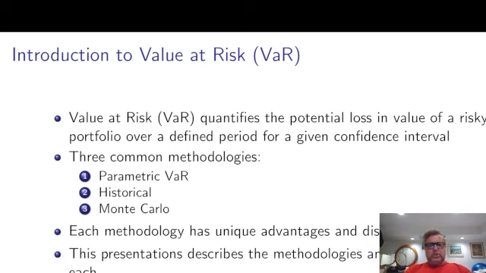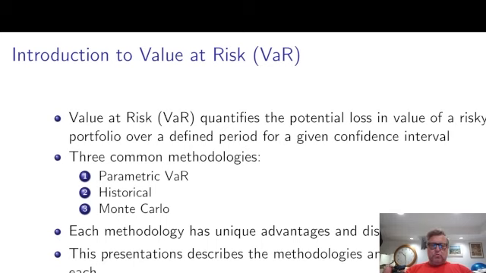As mentioned in the introduction, there are three main methodologies. We will go through these methodologies: parametric VaR, historical VaR, and Monte Carlo VaR. Each of the methodologies has been around for many years, and they have their own advantages and disadvantages.